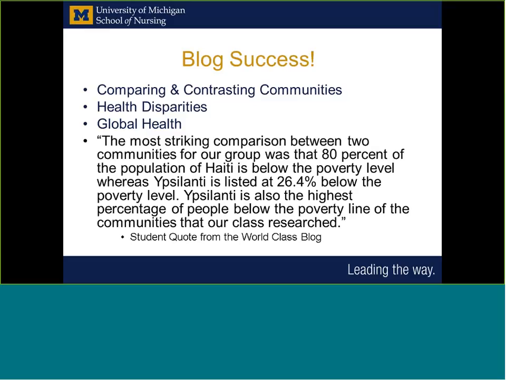Ypsilanti is also the highest percentage of people below the poverty line of the communities that are class researched. So Ypsilanti is a community in Michigan, which is adjacent to Ann Arbor, and then of course Haiti was our international partner.